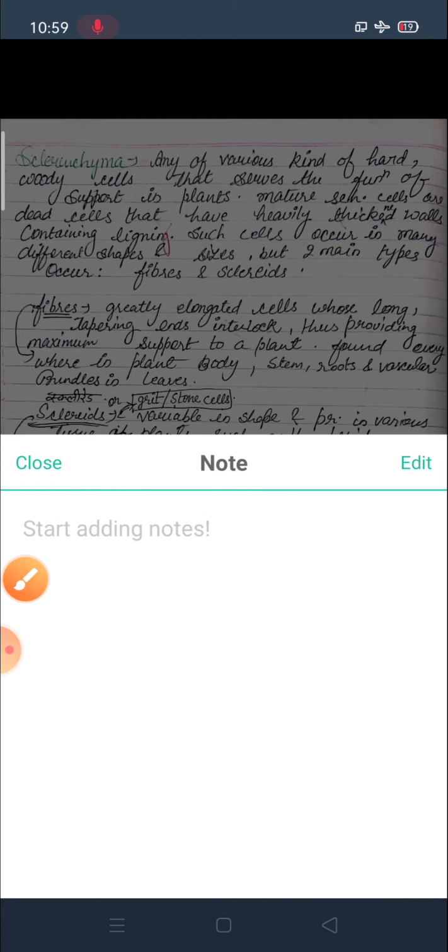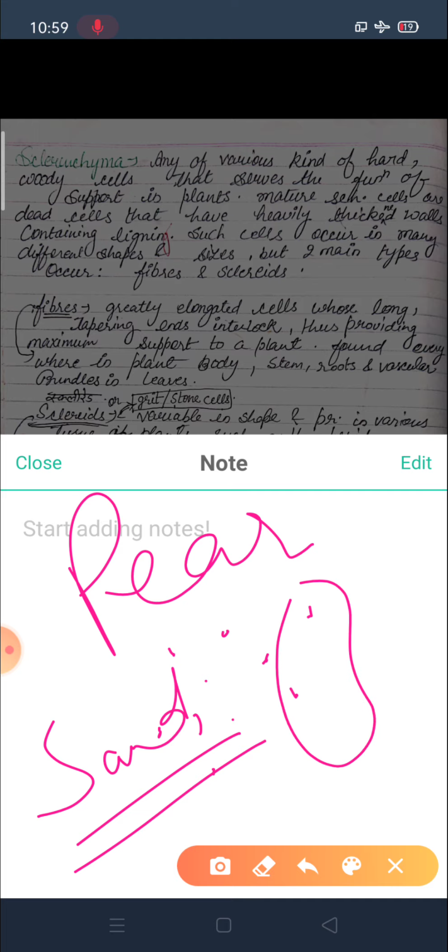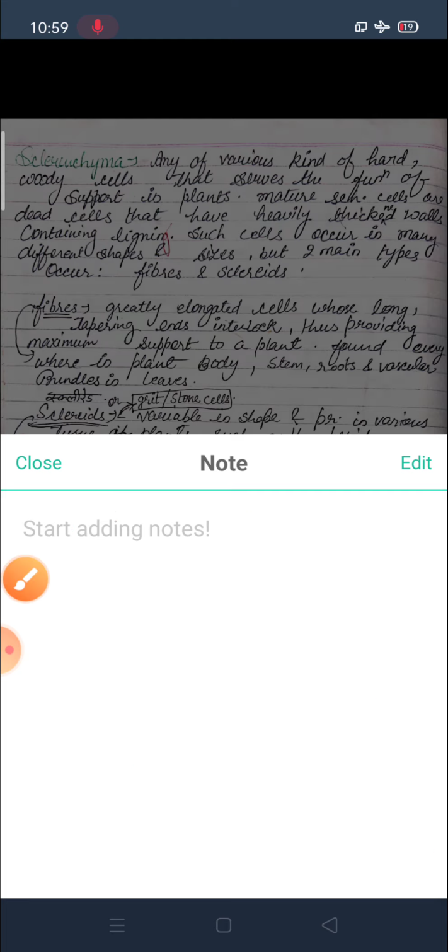So, dear students, when we eat a pear, we feel a very small gritty or sand-like structure in this pear.